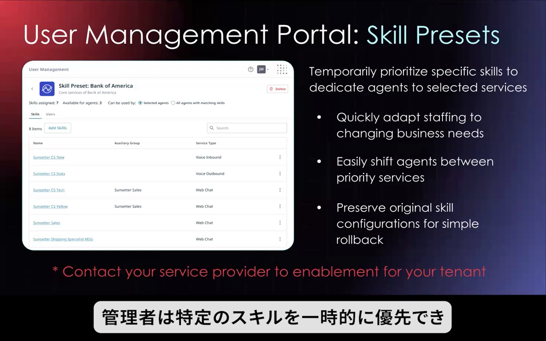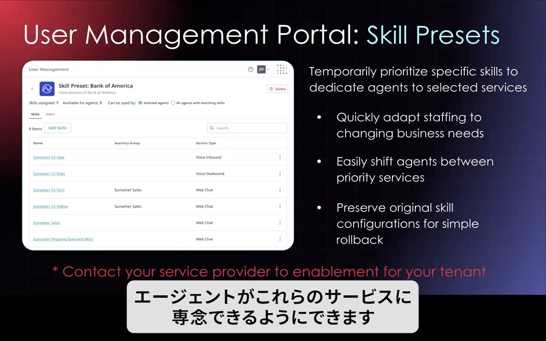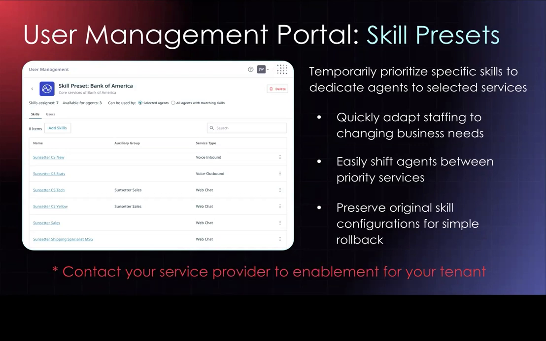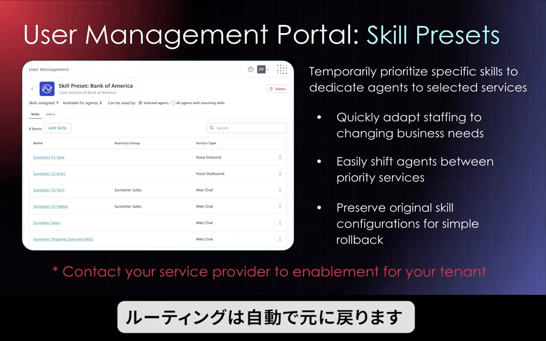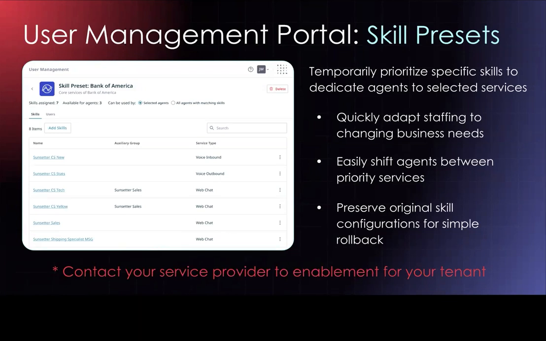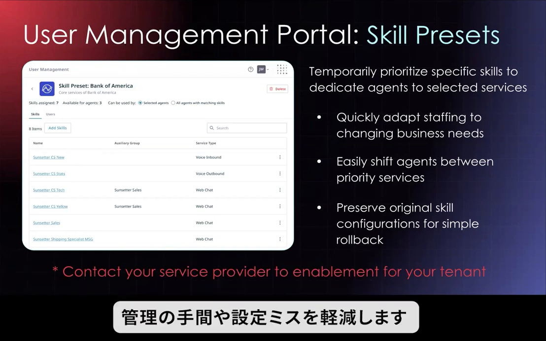Administrators can temporarily prioritize a selected set of skills, allowing agents to focus on these services while preserving their underlying skill configuration. And when the temporary staffing need is over, you can simply remove the presets and routing immediately returns back to normal. It is a rather simple capability, but one that gives supervisors significantly more flexibility while reducing administrative overhead and minimizing the risk of configuration errors.